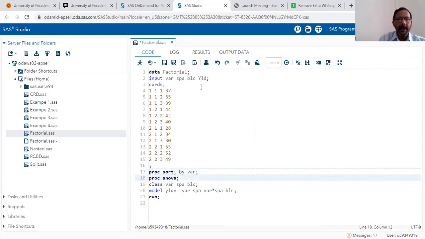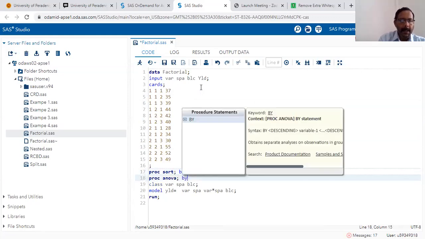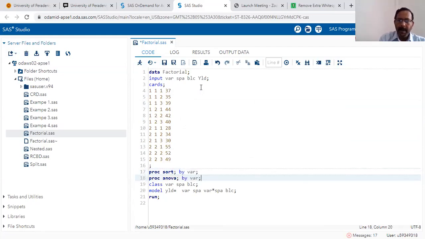Look very carefully at how I'm writing the program. So here variety is missed out. Spacing is there.